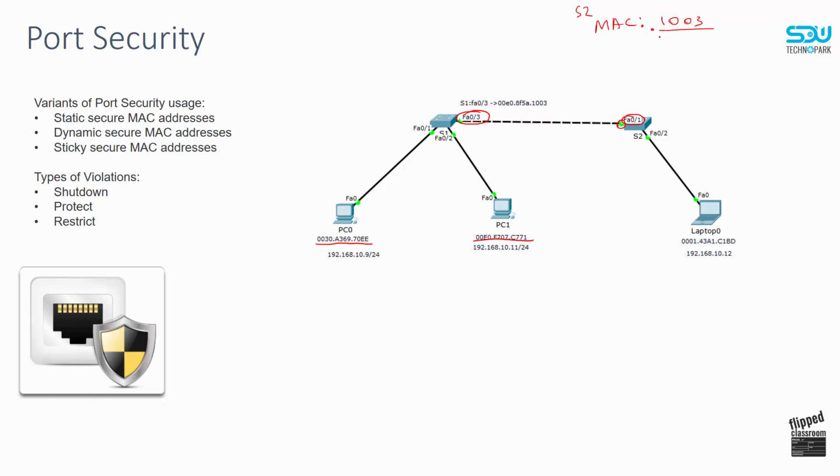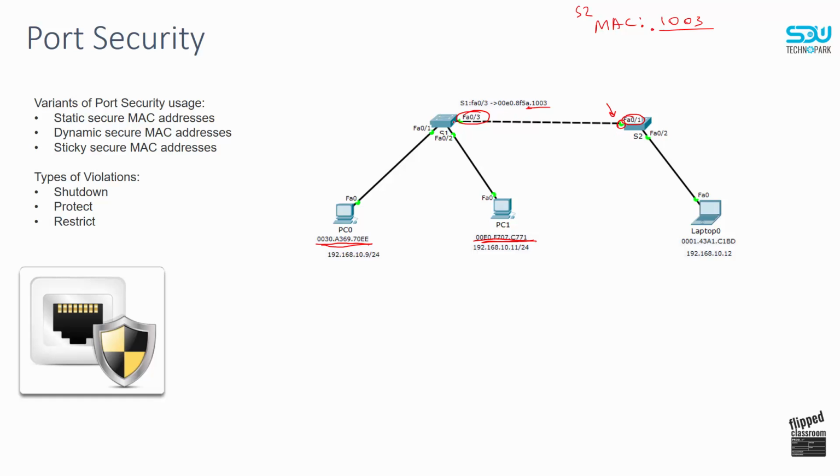But the first MAC address learned in the interconnection between switches will be the neighbor switch port MAC address. It's time to make a scenario where we have three MAC addresses which will be trusted by the switch 2 FA01 port.